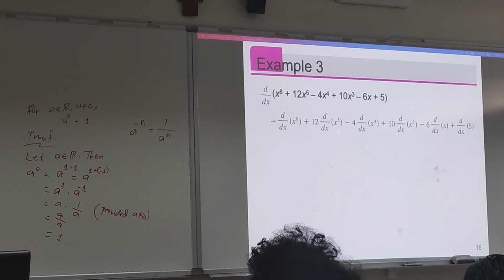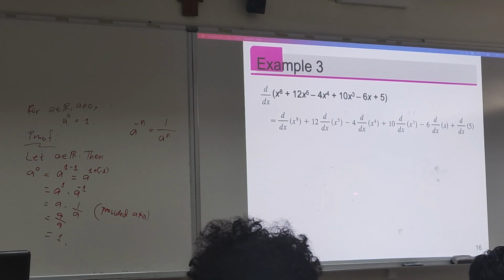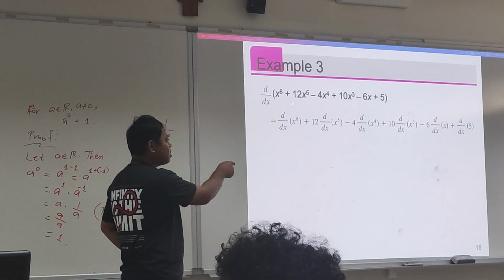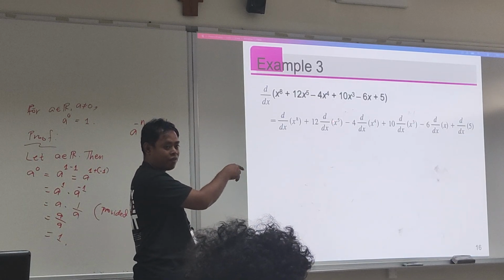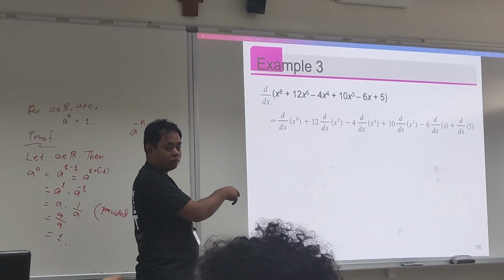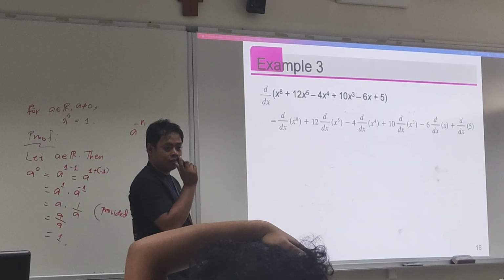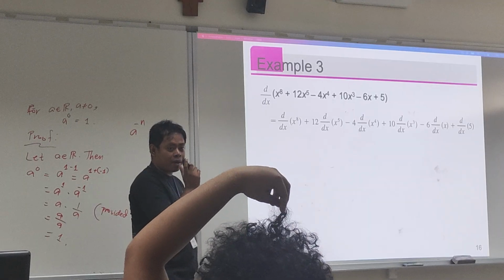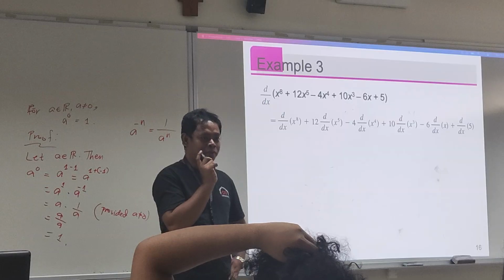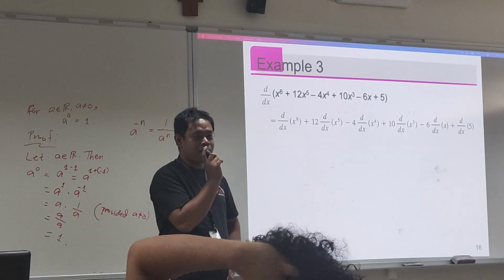So with that, we have d over dx of x raised to 8 plus 12, a constant multiple, since 12 is constant here. So that will be the variable, and you can apply directly the constant multiple. Step by step, although we're not indicating the properties or rules, as long as it is a step by step solution.